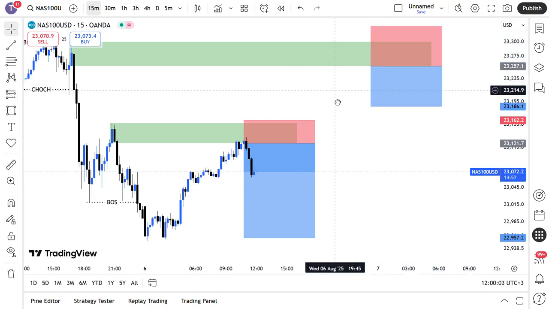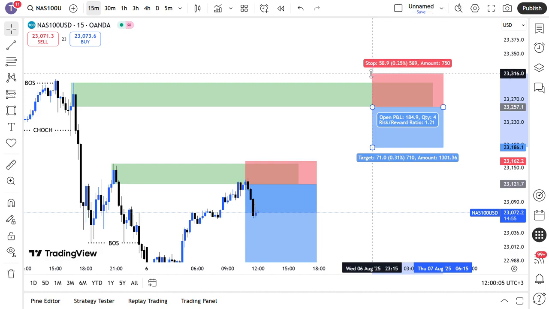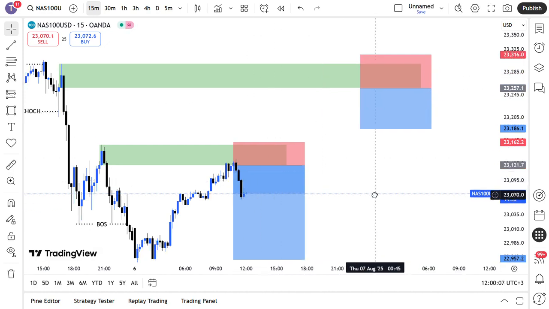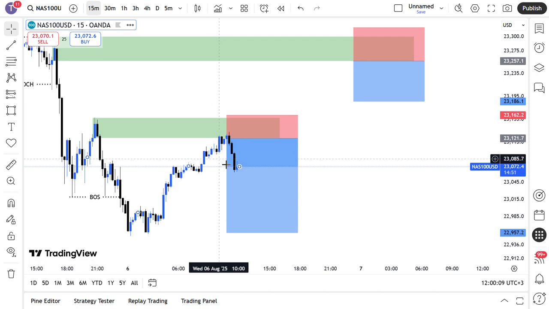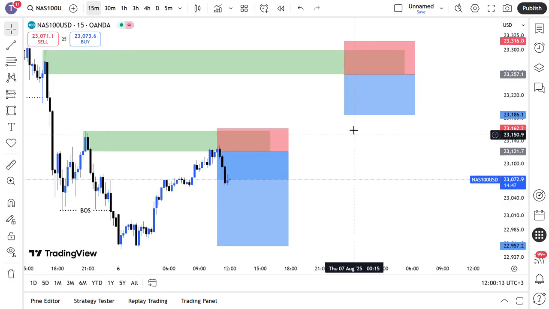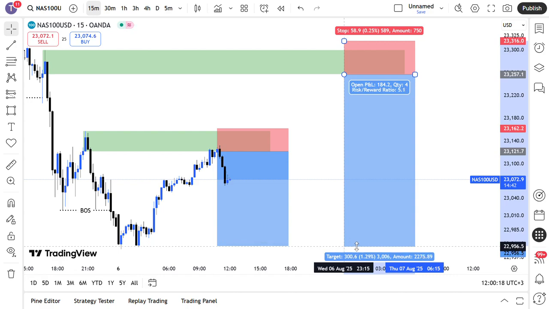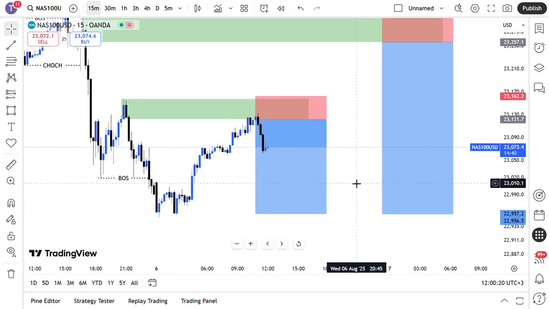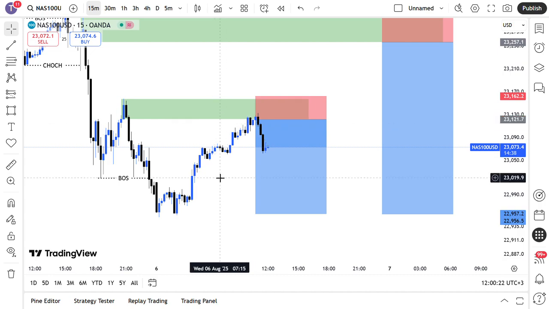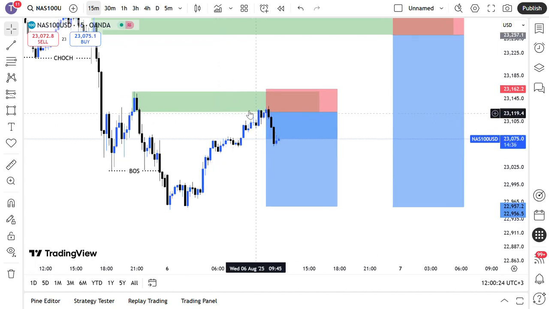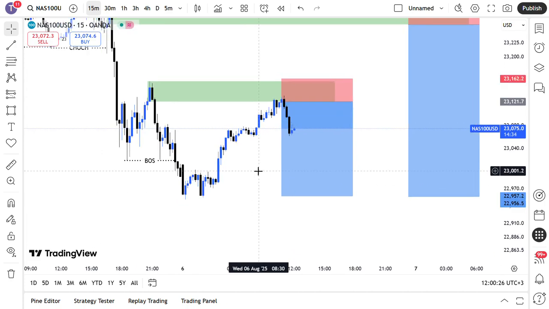If the current order block that has formed this selling pressure does not work, that means we will be looking at this order block up there. But I think currently the price will be reacting from this order block, and then we have good sales from up here to the downside.